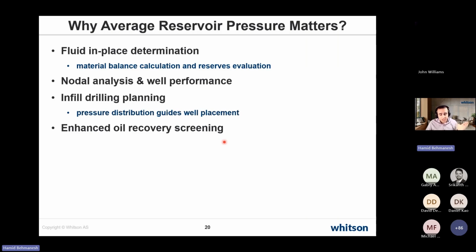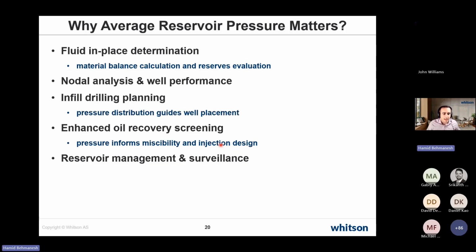For enhanced oil recovery in the conventional world, if we know the average reservoir pressure and we decide to go with CO2 injection, for instance, it tells us whether we can attain miscibility at that average reservoir pressure. It's also important in the conventional world for reservoir management and surveillance. It's going to give us some idea if our well is taking advantage of pressure support from an underlying aquifer, for instance.